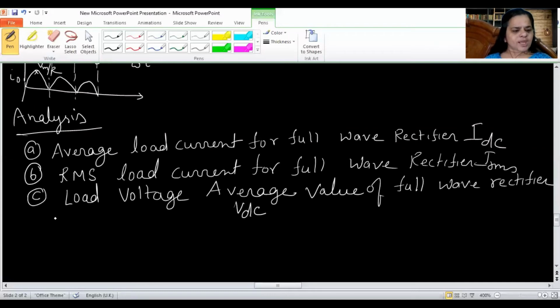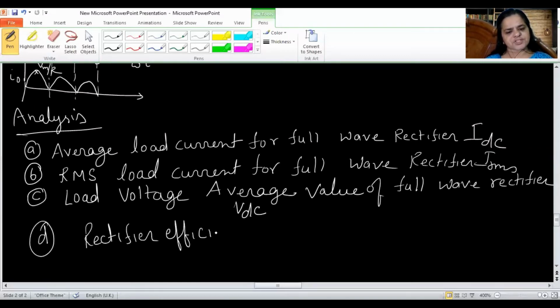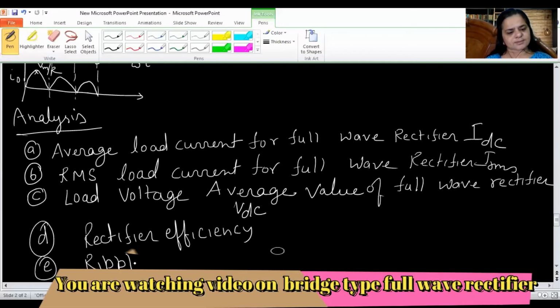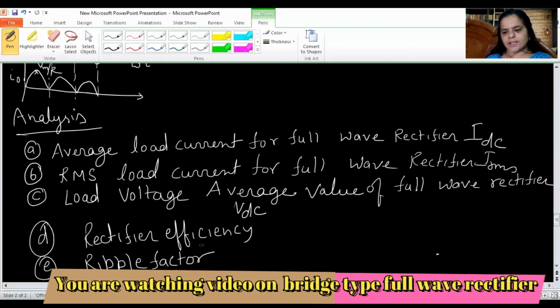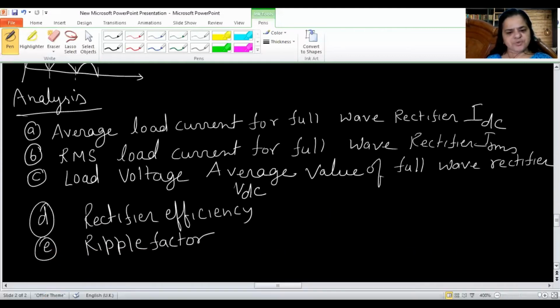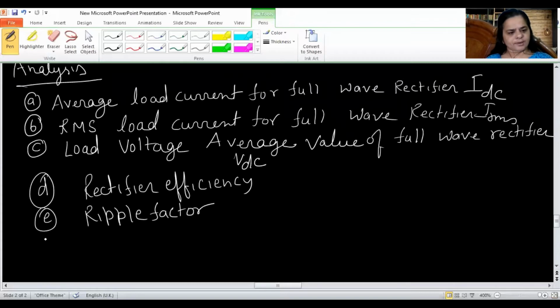The fourth thing is the rectifier efficiency, which we are going to calculate as well. The fifth thing is the ripple factor. And the last parameter we are interested in is the transformer utilization factor.